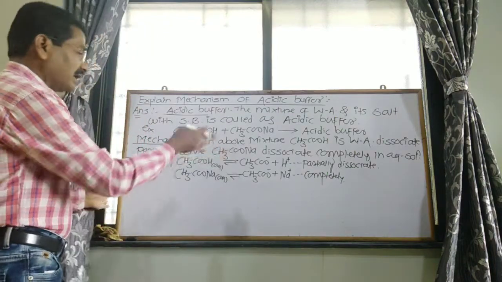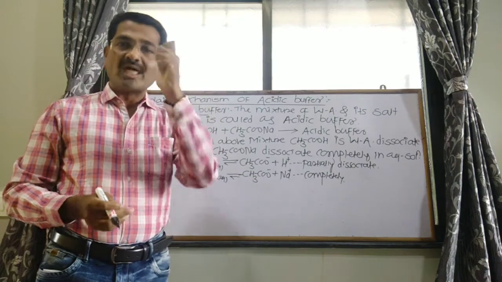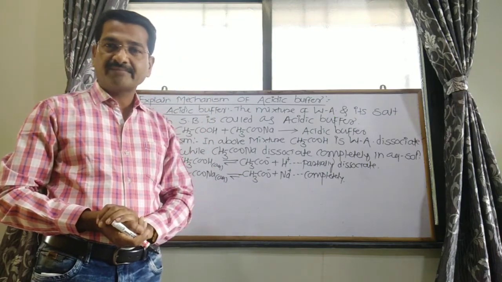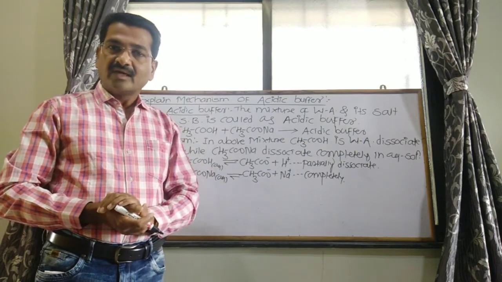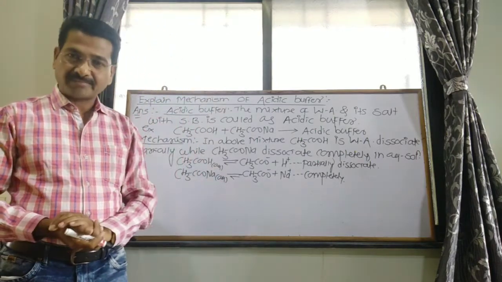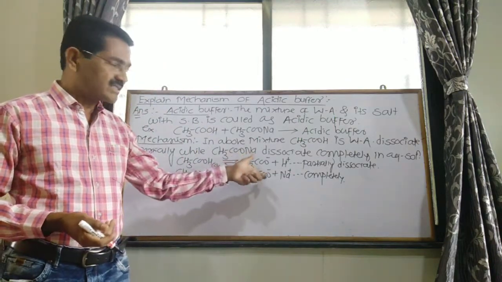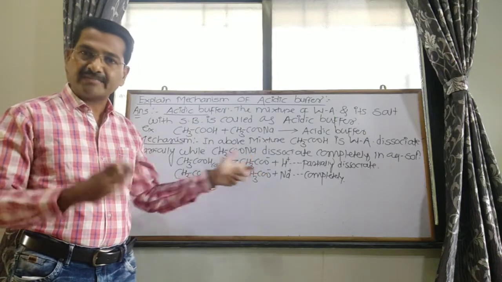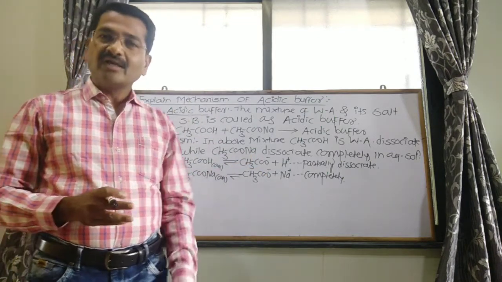Then in that mixture add a small amount of strong acid and strong base. According to the definition, if the pH changes, then it is not a buffer solution. But if by addition of a small amount of strong acid or strong base its pH does not change and remains constant, then it is a buffer solution.